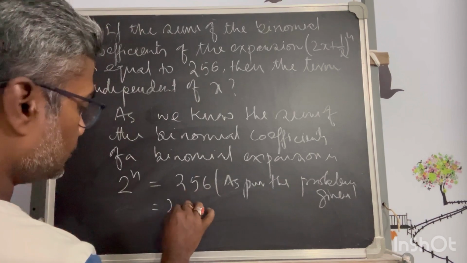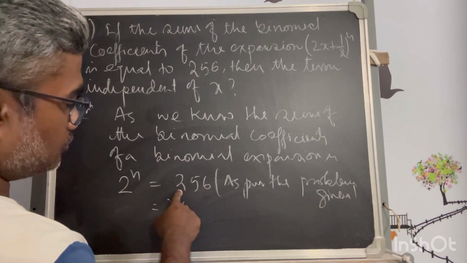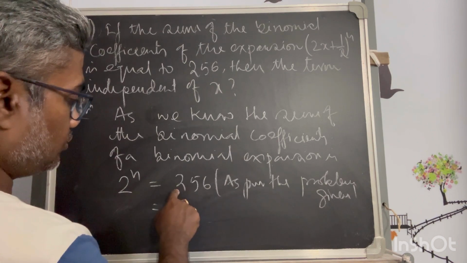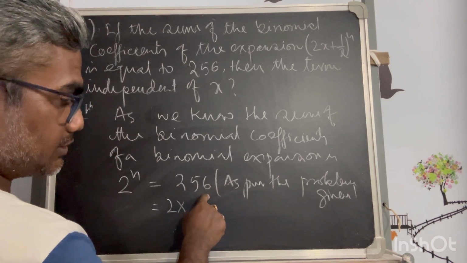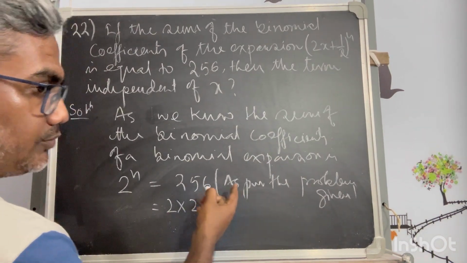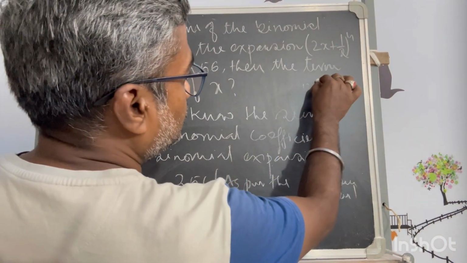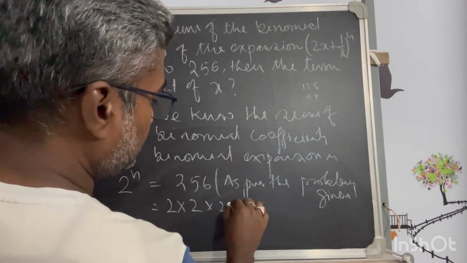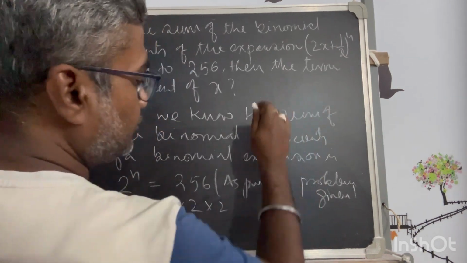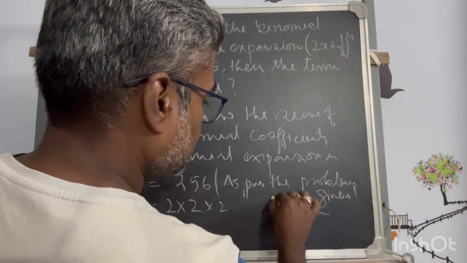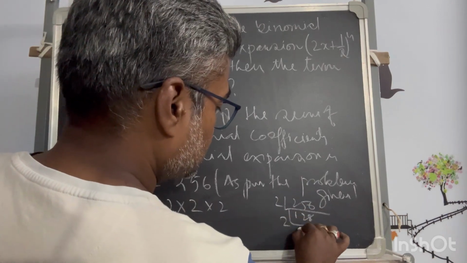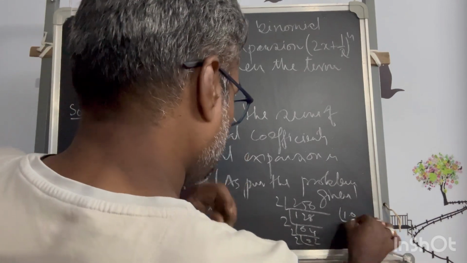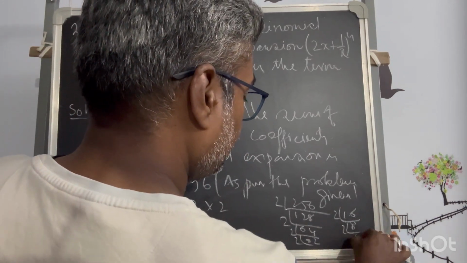So what is that? 2 into how much? 2, 4, 8, 16, 32, 64, 128. So 256 is 2 into 128, 2 into 64, 2 into 32, 2 into 16, 2 into 8, 2 into 4, 2 into 2.